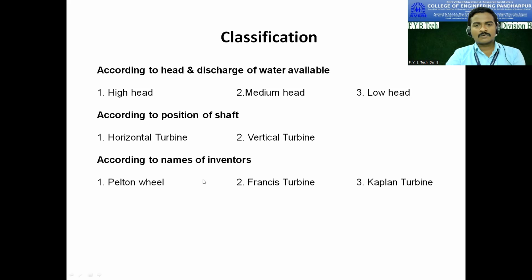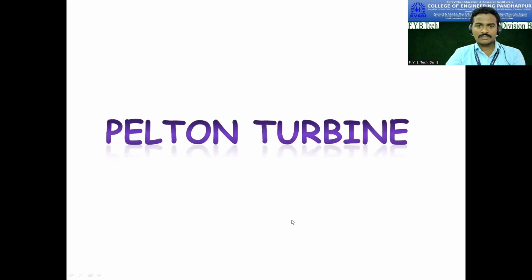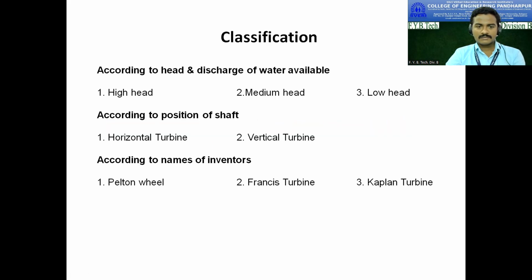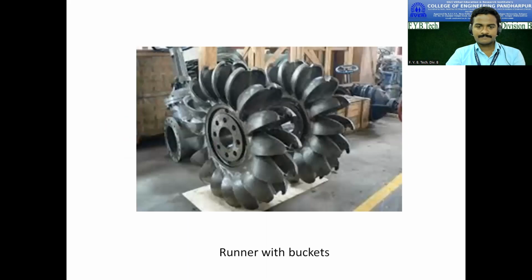Okay, so this is about the classification, but as per the syllabus, we are going to discuss only three turbines, that is Pelton turbine, Francis turbine, and Kaplan turbine. So we'll move to the first turbine, that is Pelton wheel.